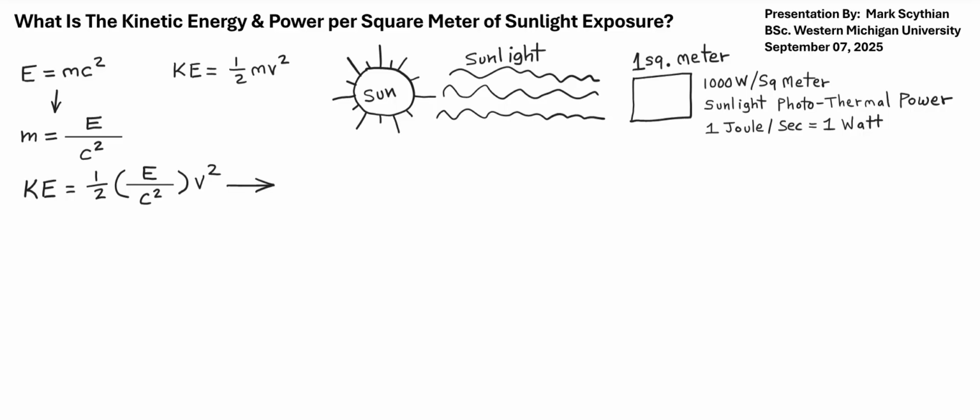So we have to carefully extract the mass from the light by rearranging the E is equal to mc squared equation into m is equal to E over c squared. We need to do that first before we work with the kinetic energy equation.